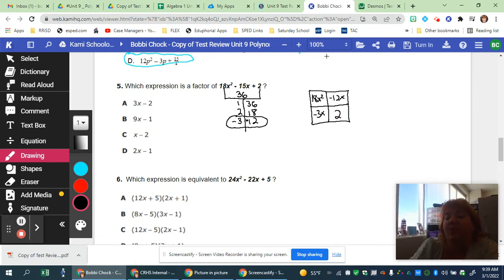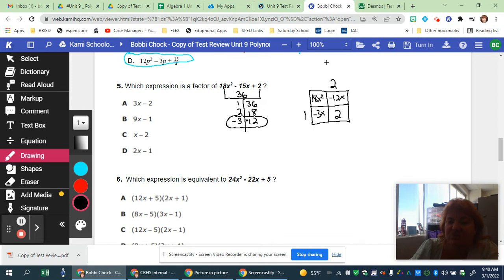Now all I have to do is pull out what they have in common. What does 12 and 2 have in common? Well, 2 does. Okay. What goes into 3 and into 2? Well, just 1. Okay, so I'll put a 1. And then does 2 times 1 equal 2? Yes. So that works. Okay.